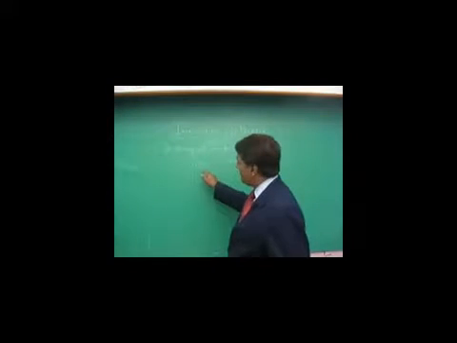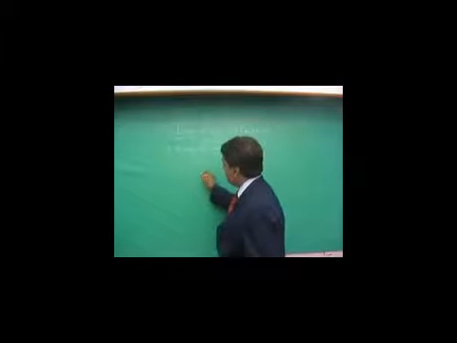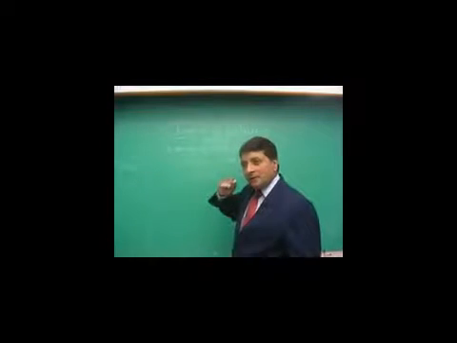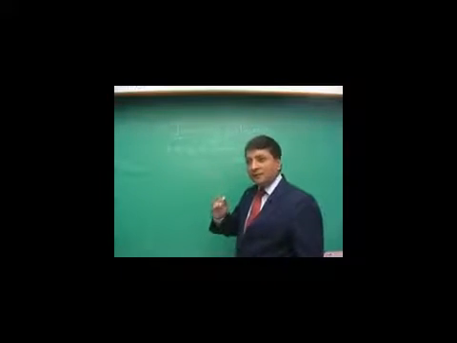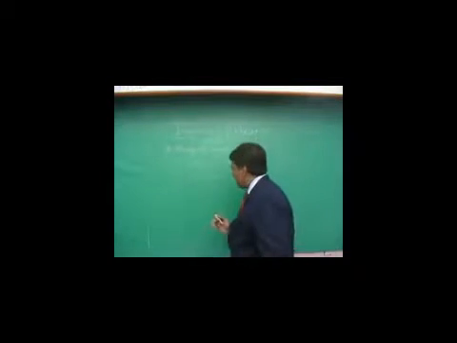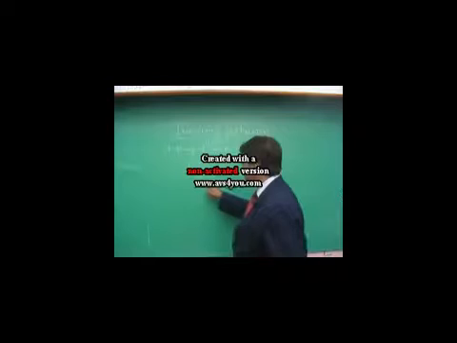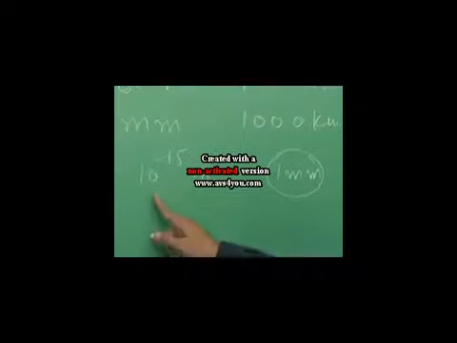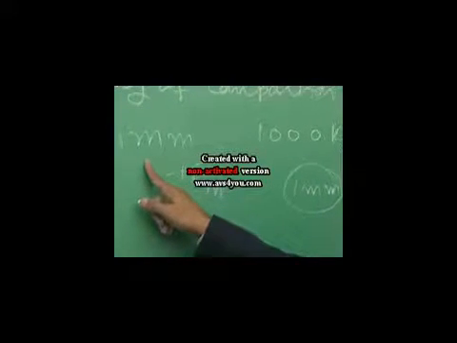If we compare 1 millimeter with 10 to the minus 15 meter, then 1 millimeter is infinity. Infinity is a relative term. When we define infinity, we say it is endless. Of course, 1 millimeter is endless for 10 to the minus 15 meter, and 1,000 kilometer is endless for 1 millimeter.